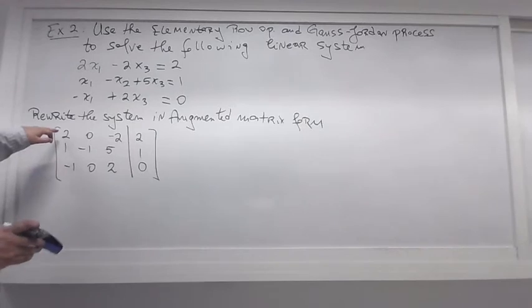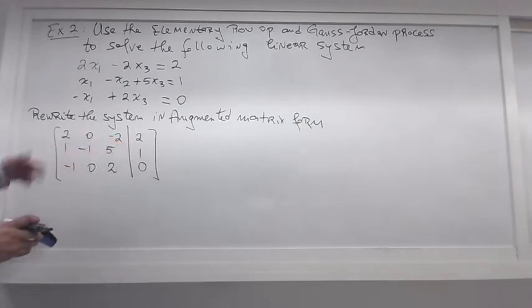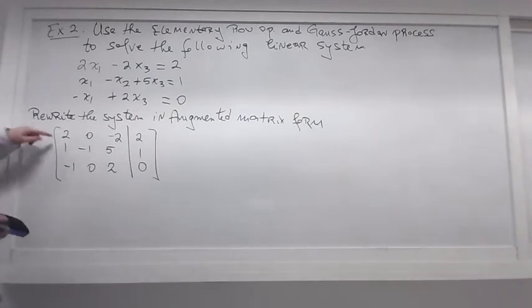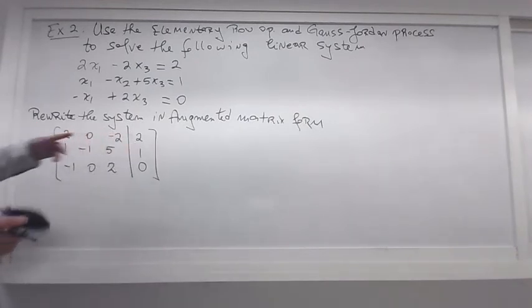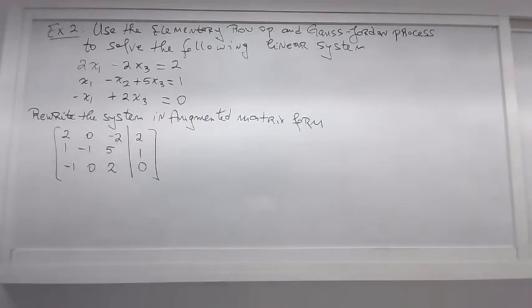In this case, since you have 2, minus 2 and 2, everything is divisible by 2, so you can simplify a little bit. Your choice what you do. Let's say I had 2, minus 2 and 7, while dividing by 2 would not be cute because I would have 7 over 2, and I don't like fractions. There's nothing wrong with doing that. That's perfectly legal, perfectly fine, but I don't like working with fractions.